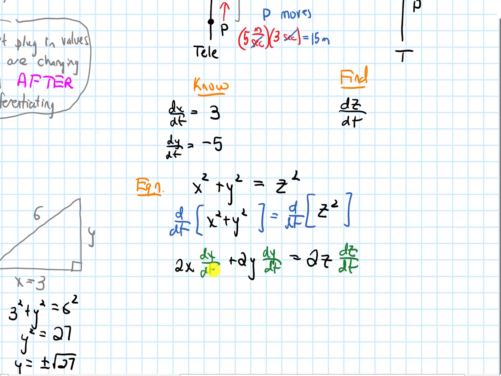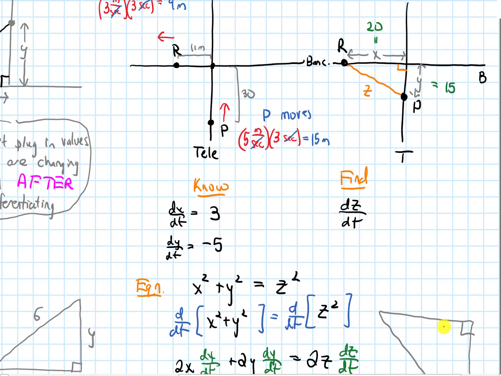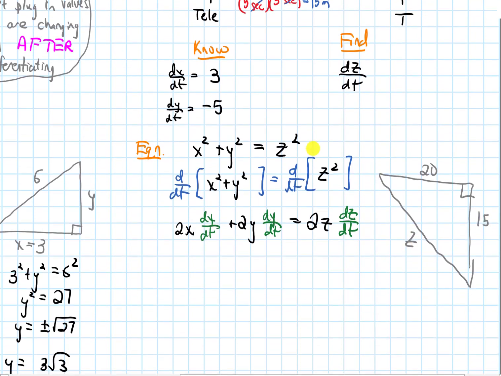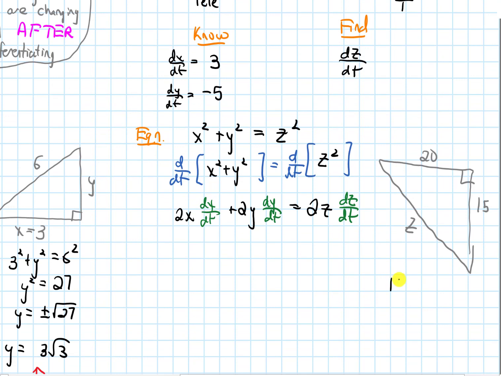All right, and now we want to plug in for stuff that we know. So this is where drawing the specific triangle at the instant that we're talking about is going to help. I'm going to make this right triangle. And at this instant, this horizontal length is 20. That vertical length is 15, and then the hypotenuse is going to be z. So if I do some Pythagorean theorem, we'll get 15 squared plus 20 squared equals z squared.